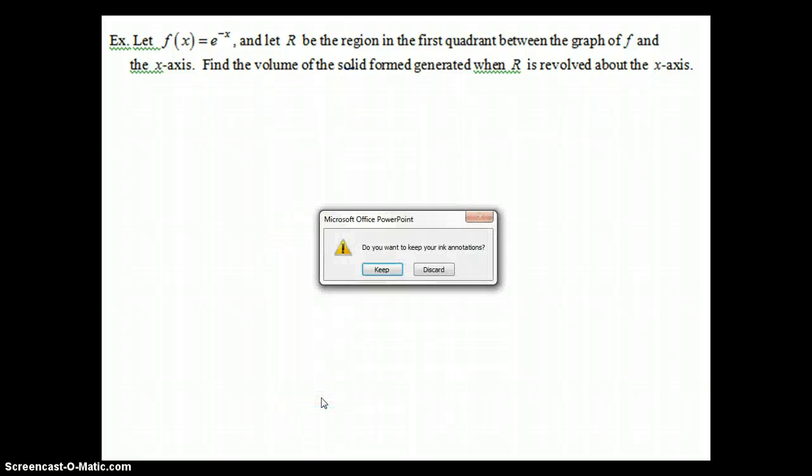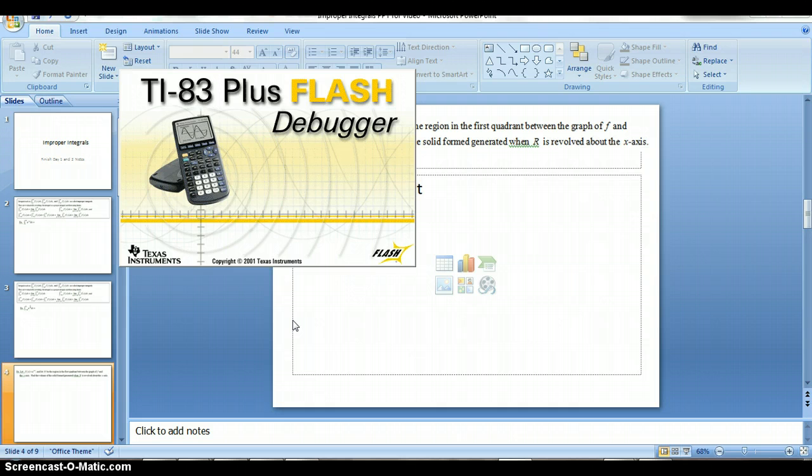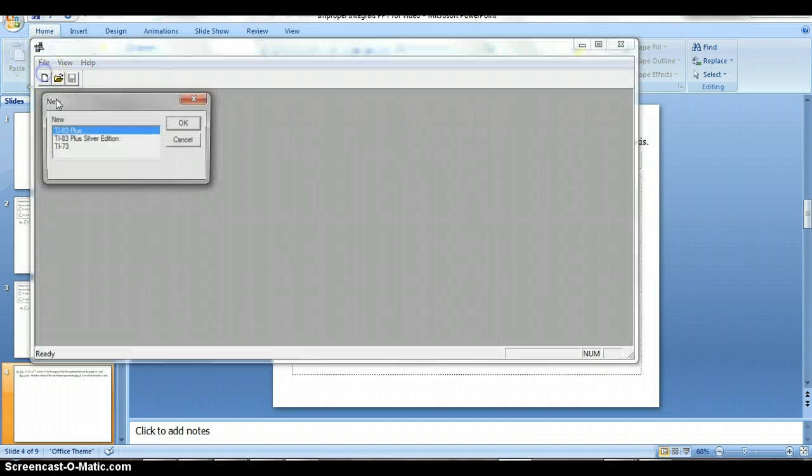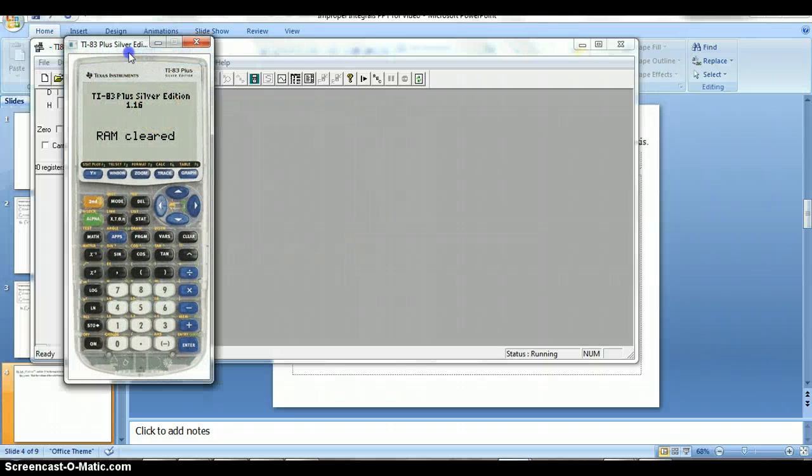All right, finally, we have an example about finding a volume. So we think about what e to the negative x looks like, and we should probably graph it. So I'm going to get out of this and graph e to the negative x so that we know what it looks like. Most of you should already know what it looks like, but we're still going to get it on the screen to get a visual.